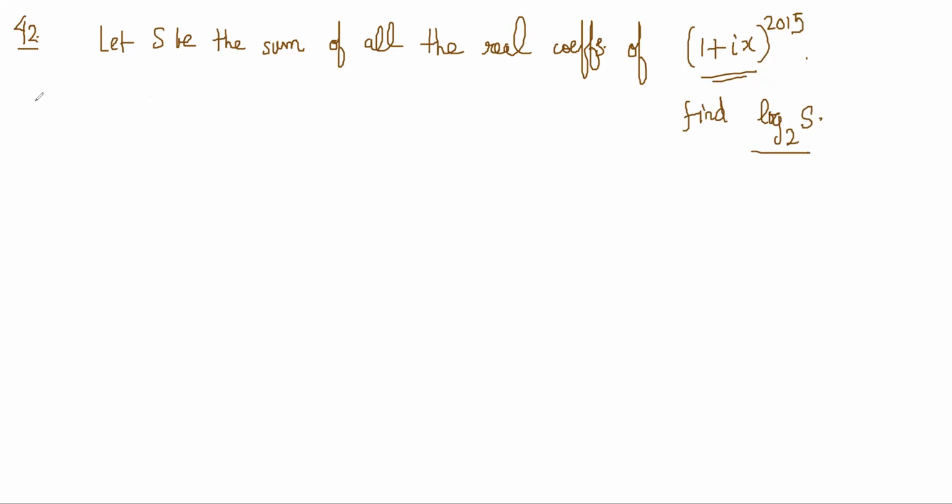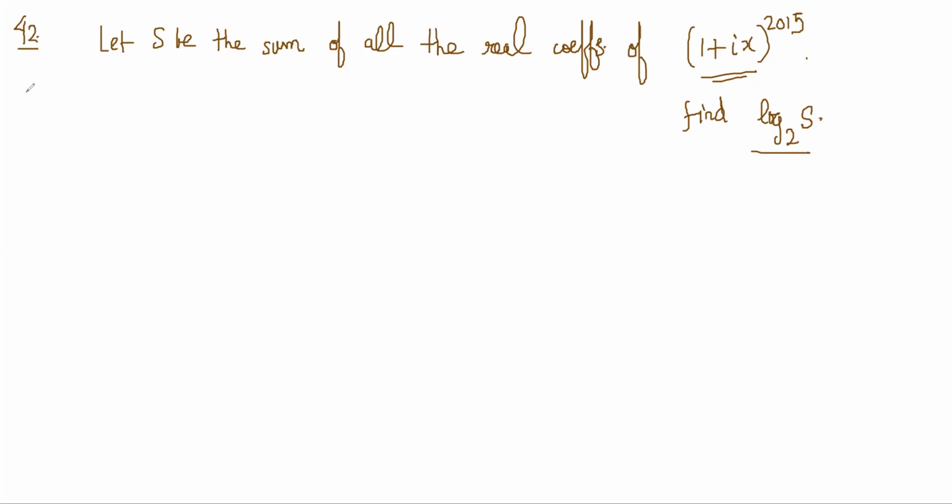So why is this a doubt? It doesn't seem very hard. What has happened? I was putting 2015C0 and trying to make it 2. Okay, (1 plus ix) to the power 2015.